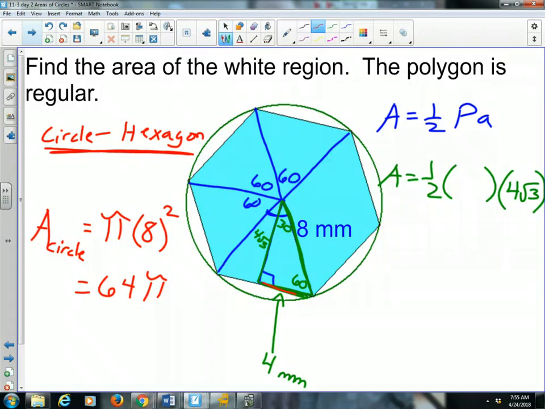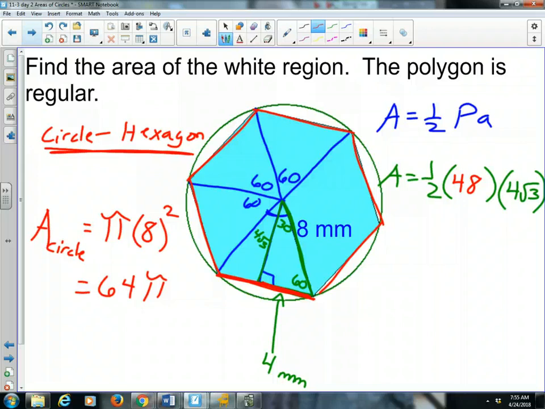This side is 4, and that's half of one side of the hexagon. So this whole side of the hexagon would be 8 millimeters. So 8, and then there are 6 sides that are all 8, because in a regular polygon, all sides are congruent. So 8 times 6, 48 is my perimeter.